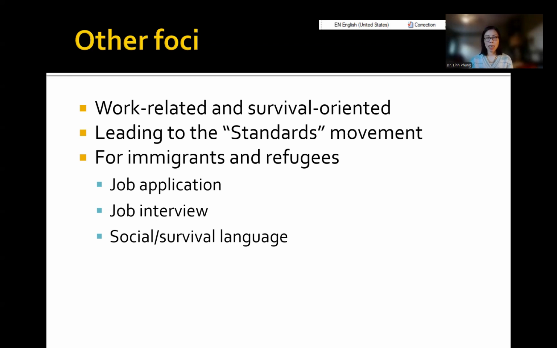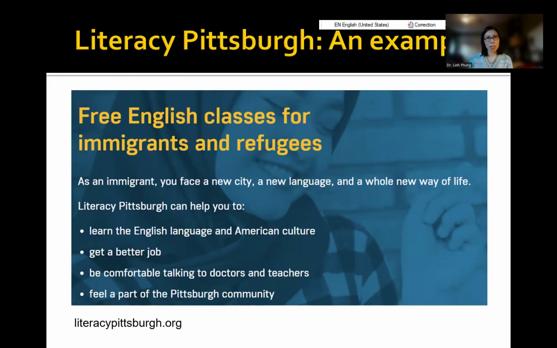As I mentioned, it is commonly used for immigrants and refugees. Some of the competencies or tasks that they may have to learn to do include applying for a job, preparing for an interview, or performing different tasks that are important for their everyday life, including going to the bank and opening an account or reading a check to understand what it means. As I mentioned, this approach is very common among programs for immigrants and refugees.